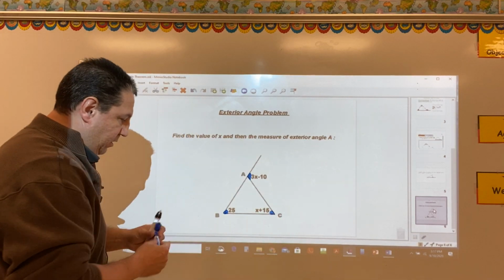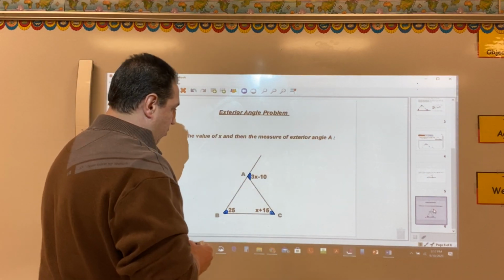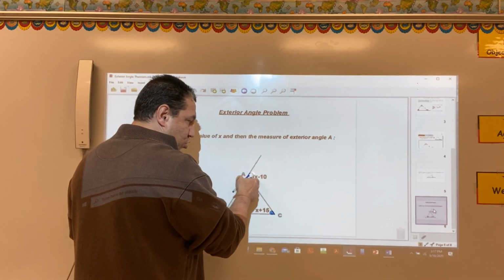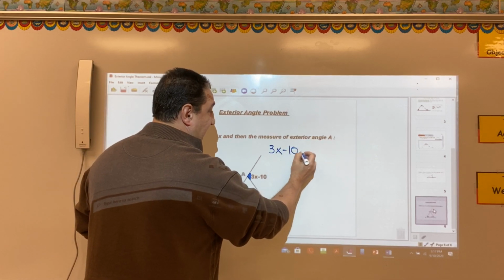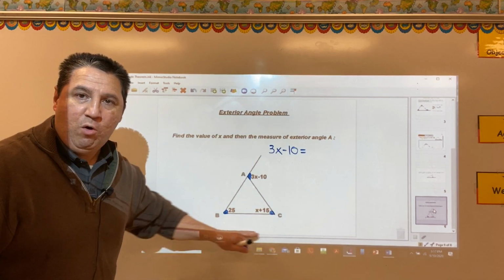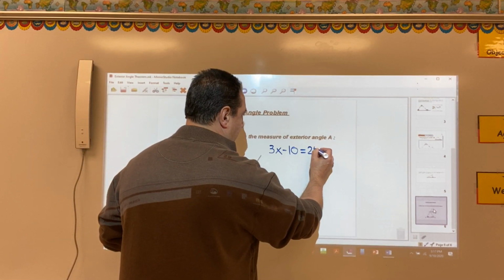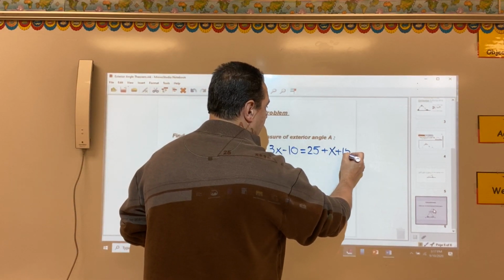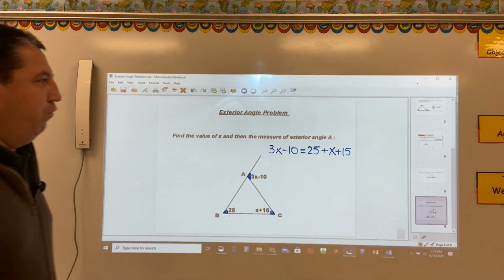So, we simply write the equation. The exterior angle, whose measure is 3x minus 10, equals the sum of the remote interior angles, 25 plus x plus 15. And we solve for x.